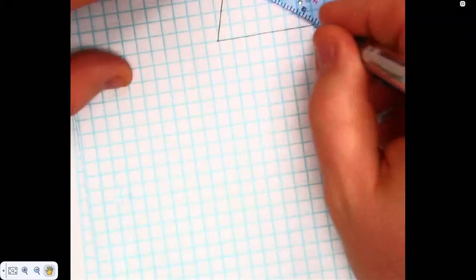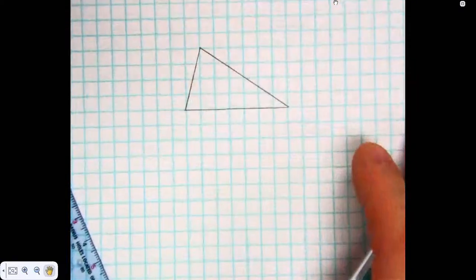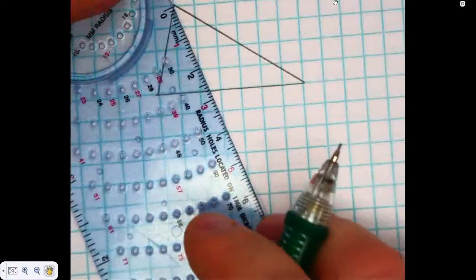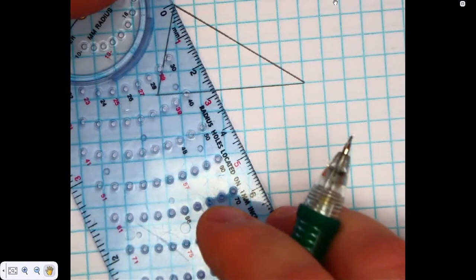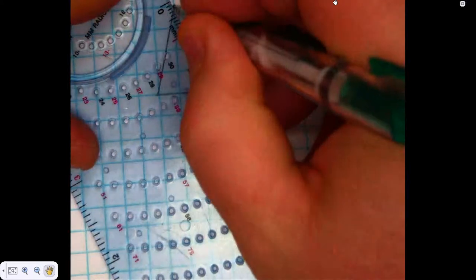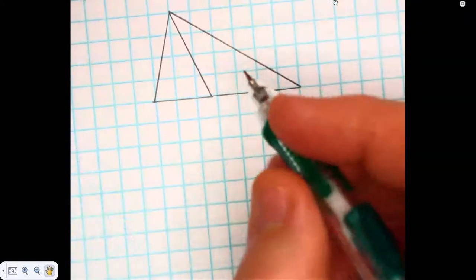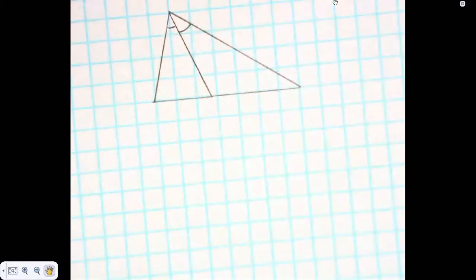And then I'm going to try to do an even better job of drawing an angle bisector. Does that just about cut it in half? About there? That's pretty close. Okay, let's say this is an angle bisector, and I cut this angle in half.